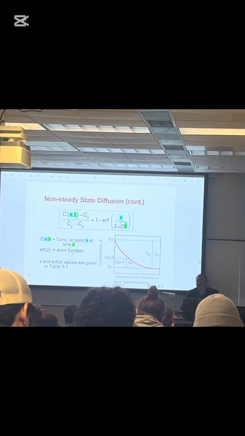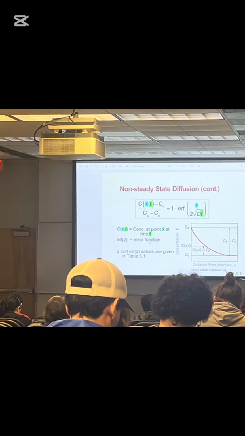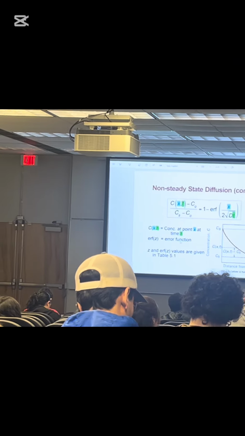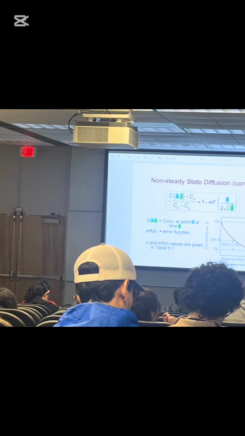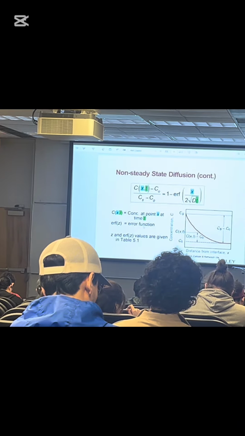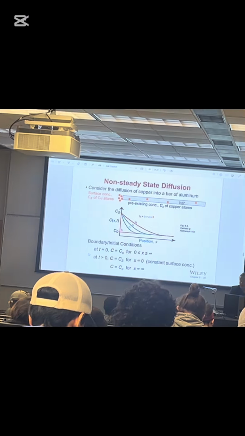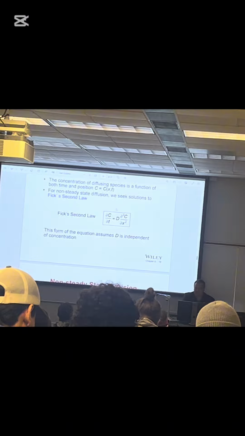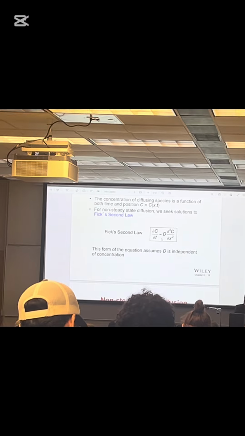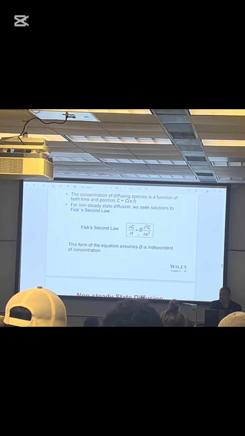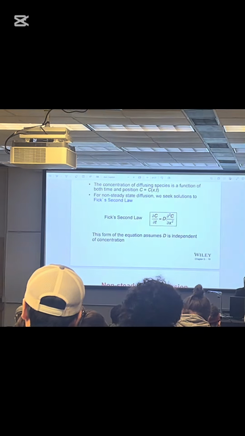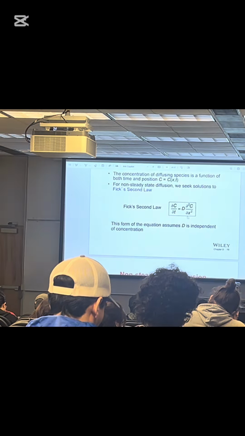I always say that students in material science don't really need to know math, because there's only one differential equation in the whole course, which is the second Fick's law. This. And the solution is actually provided. So to solve this differential equation, you have the second partial here.